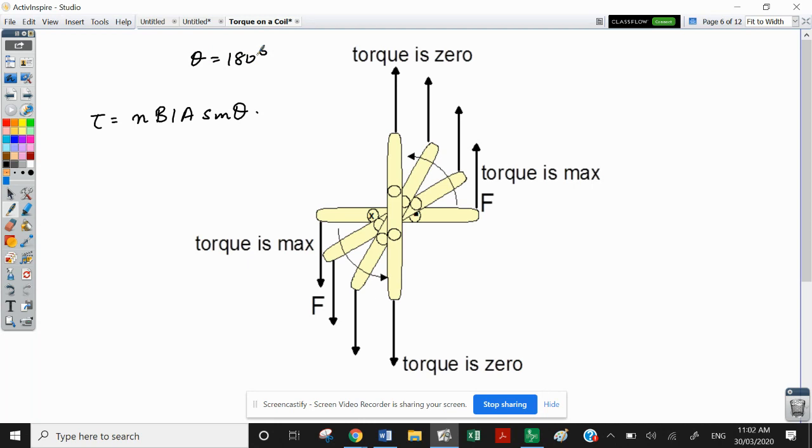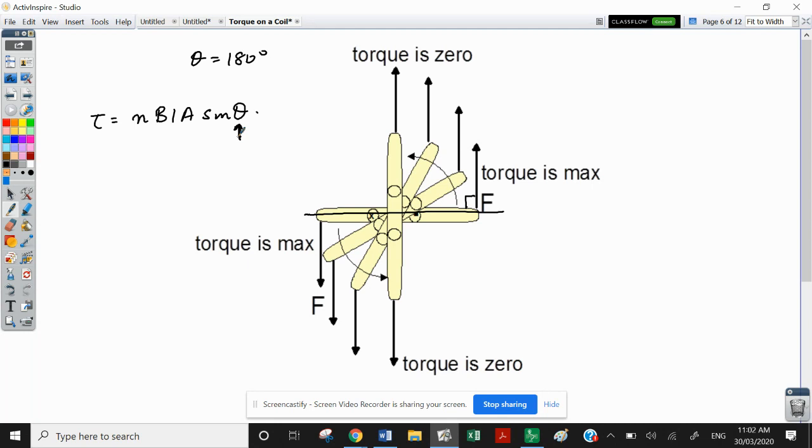So the angle that we're going to be talking about is the angle between the plane of the coil and the direction of the force. So how are we going to measure that? It's going to be the direction of the force that we have to constantly track. So we need to come up with a way of working out what this theta is going to measure and how it is going to measure it easily.